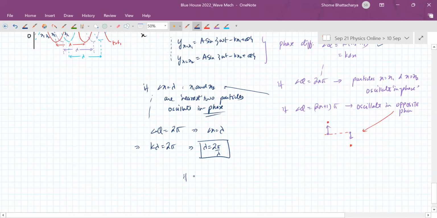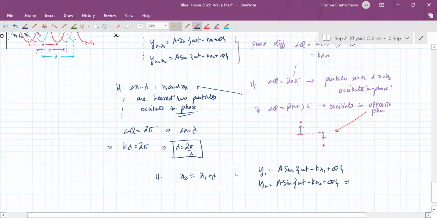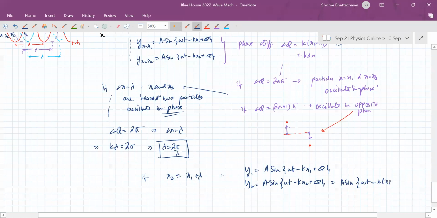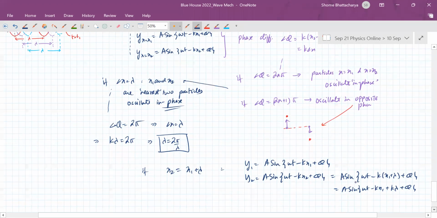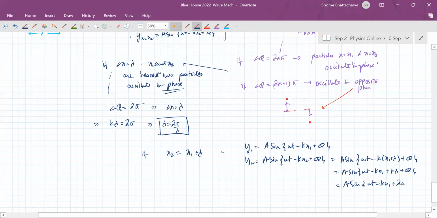So if x2 is equal to x1 plus lambda, then because this is 2 pi, you can see that these will be the nearest two particles in phase, because the difference between them is equal to one wavelength.